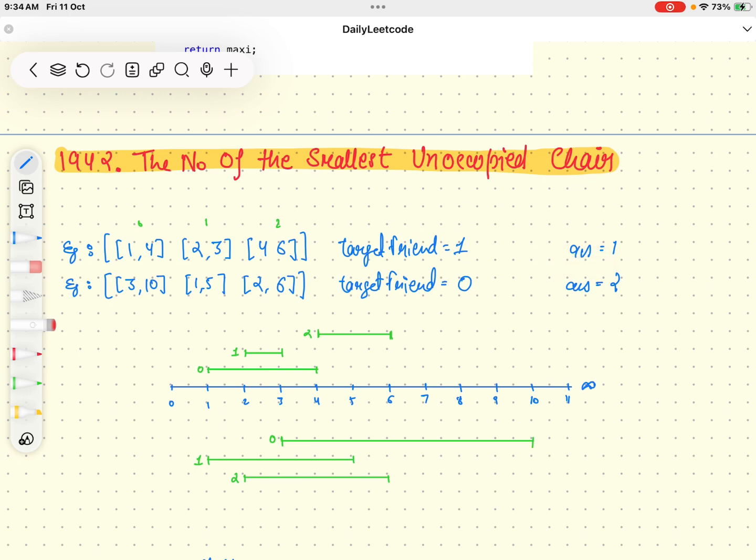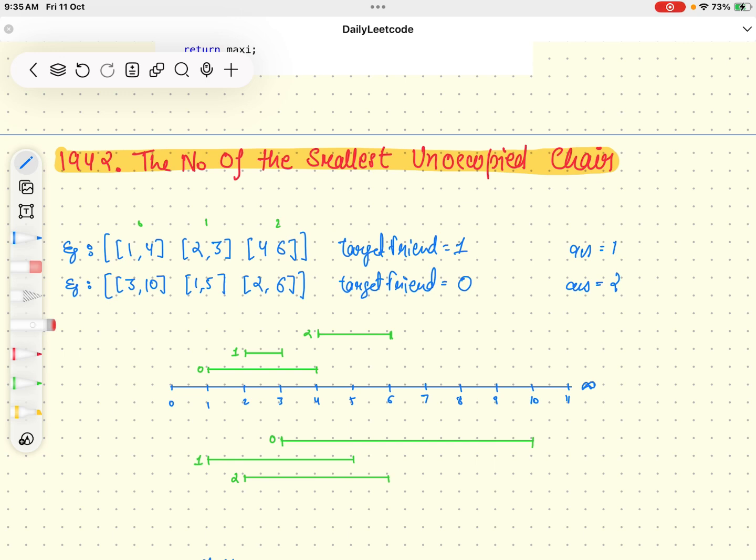Now example number 2: we have 3 friends, with friend number 0 arriving at 3 and leaving at 10. Friend 1 arrives at 1 and leaves at 5. Friend number 2 comes at 2 and leaves at 6. My target is 0, which means my 0th friend arrives at 3 and leaves at 10.